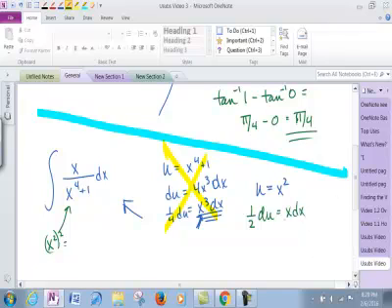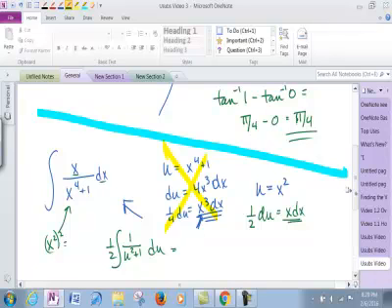So this becomes the integral, 1/2 du, and then I have 1 over, and instead of x to the fourth, I'm going to call that u squared plus 1, because u is x squared, and so u squared would be x to the fourth.